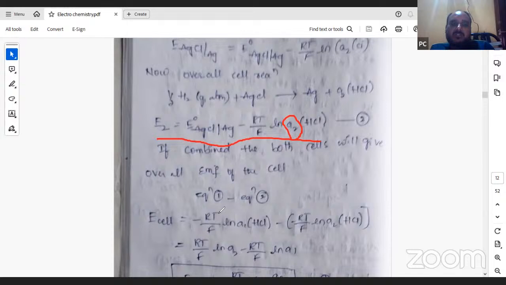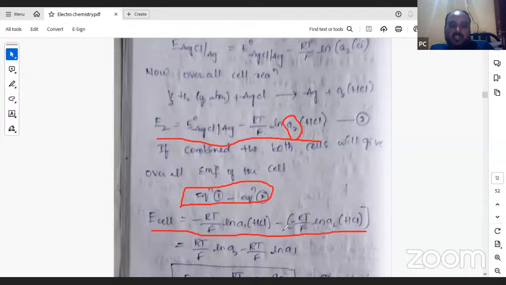Both cells have the same reduction potentials, so we need to subtract equation 1 and equation 2. If one had oxidation and the other reduction, we would combine them, but both have the same reduction potentials, hence subtraction: equation 1, that is E1, and equation 2, that is E2. So E cell is equal to minus RT by F ln A1 of HCl minus, minus RT by F ln A2 of HCl.